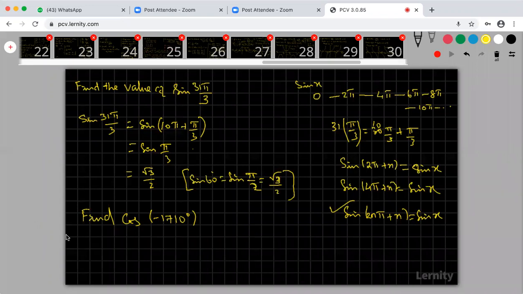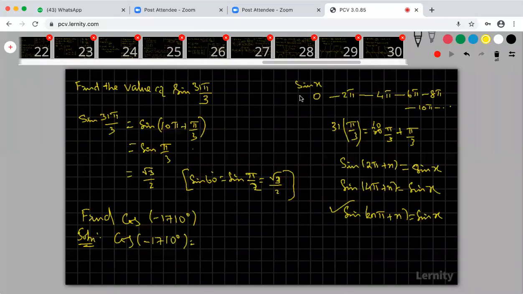So look at that, your cos of minus 1710 degree can be written as follows.